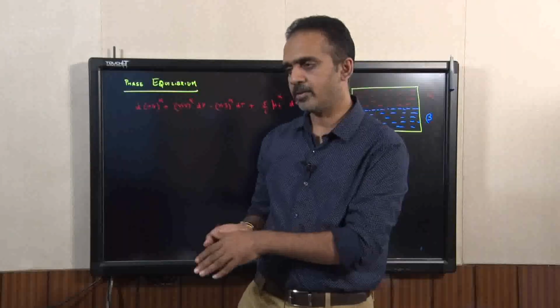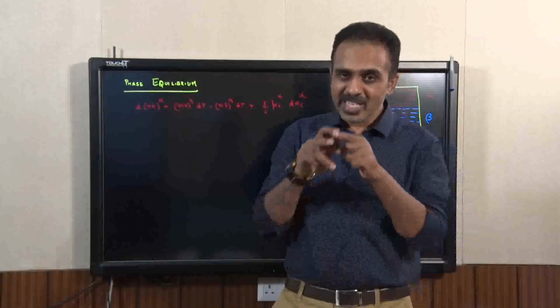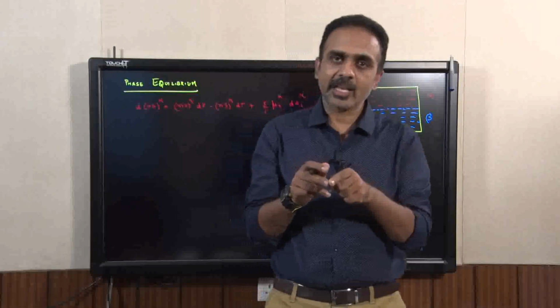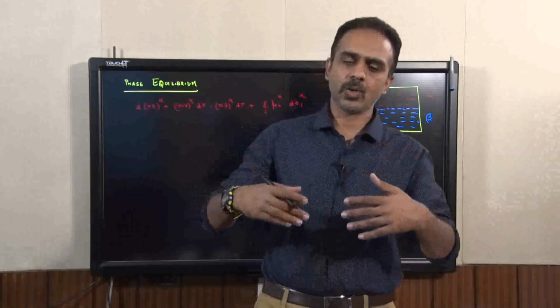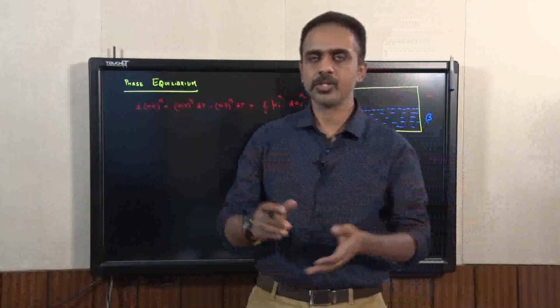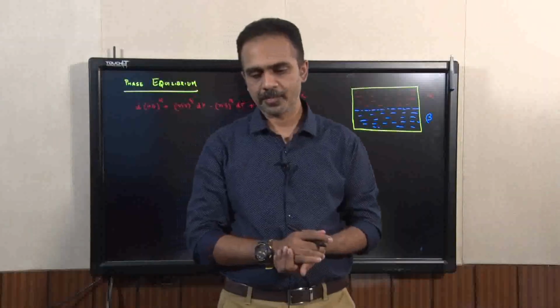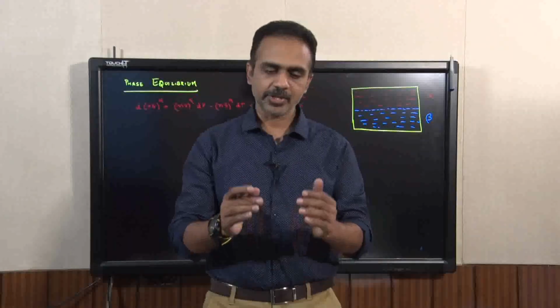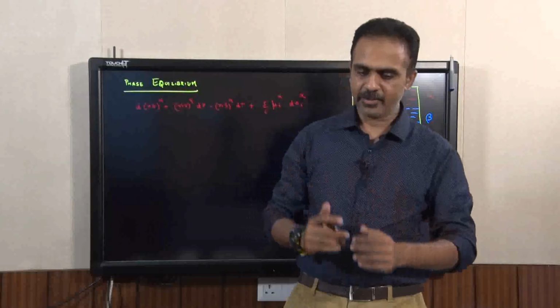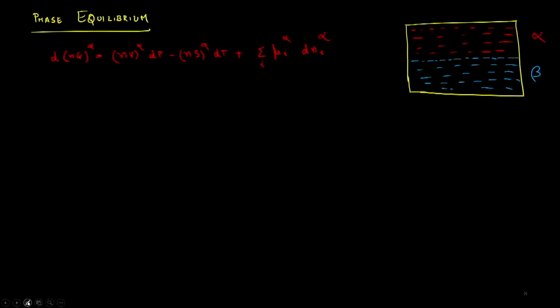Some moles from the beta phase can go to the alpha phase. So, each phase in itself is an open system, but both phases put together are inside the closed vessel and they constitute a closed system, right? And what we have written here is the total Gibbs free energy for the alpha phase. I can also write the total Gibbs free energy for the beta phase.